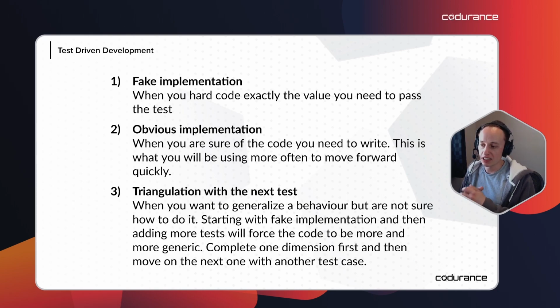So you start out with something dead simple, you add something also quite simple, but a bit more complex. Then you start adding new tests that make you need to make it more complex still, and just keep adding those new tests, gradually increasing the amount of space within the problem space that your tests are covering until your tests are covering everything, and your production code, by consequence, will also be covering everything, right?